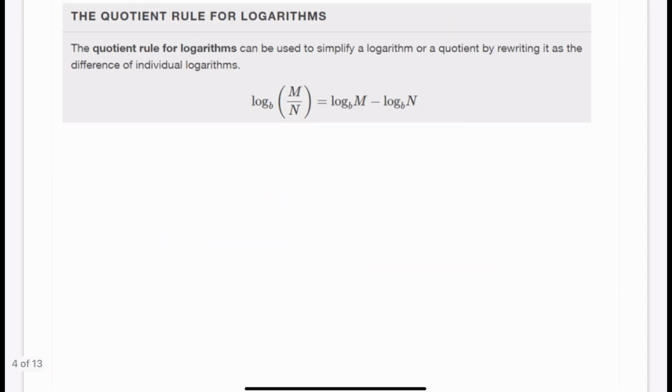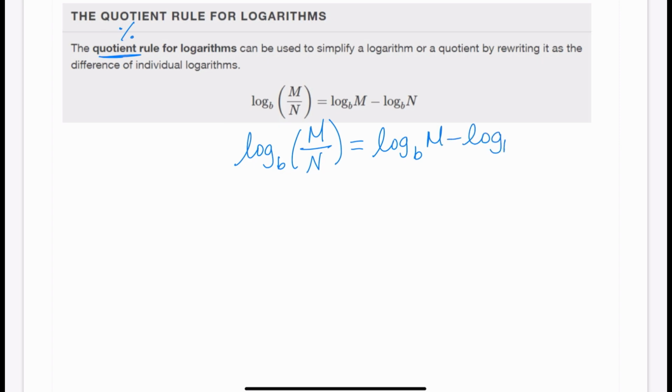Okay, so now we have to go to the quotient rule. The quotient rule, if you remember, quotient meaning division. So when we are dividing, like in this case, the log base b of m divided by n, this is going to be the opposite of what happens when we multiply. We're going to expand through subtraction.